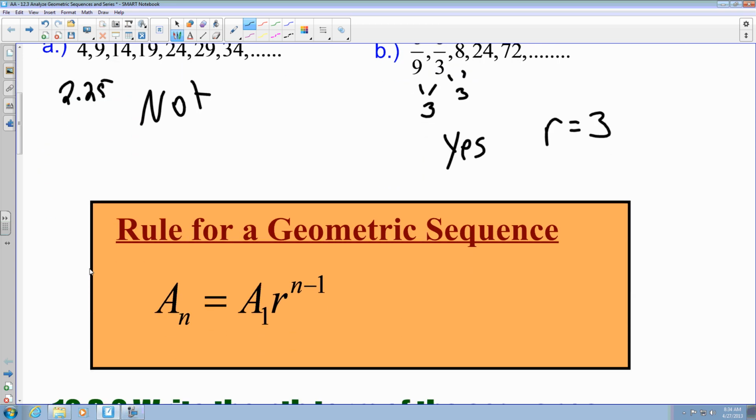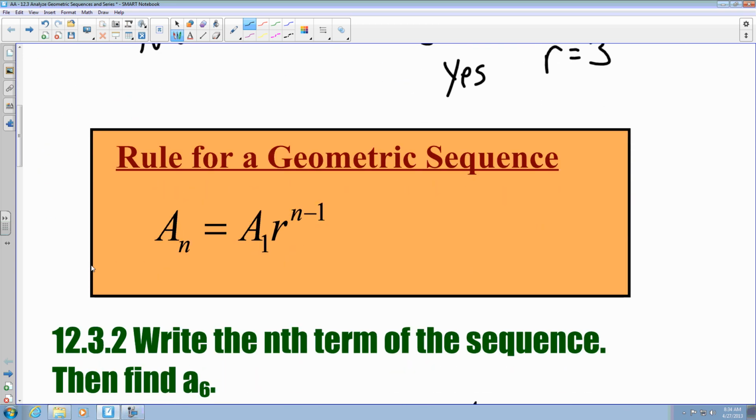If you look here on the bottom, this is the rule for geometric sequence. So if we have a sub n, that equals a sub 1, whatever the first value is in our sequence, times r, which is the common ratio, and then that is to the n minus 1 power, so it's like an exponent.